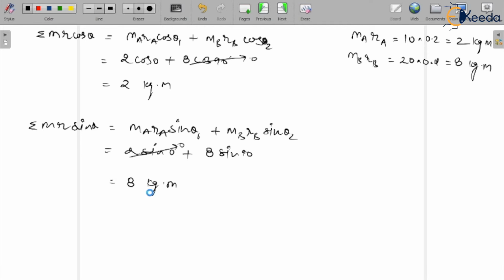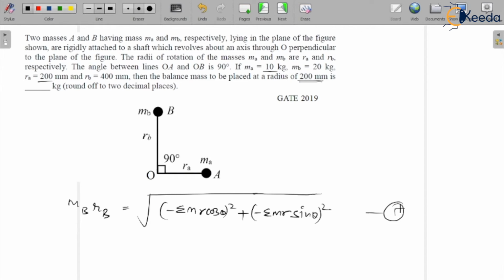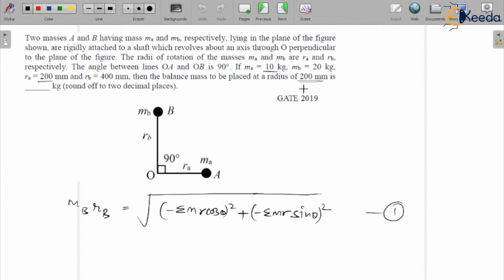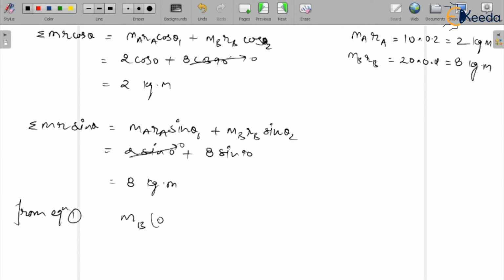Now you have to put these values in equation number 1. From equation number 1, the radius of the balance mass is given as 200, so I can write it as 0.2 meter.